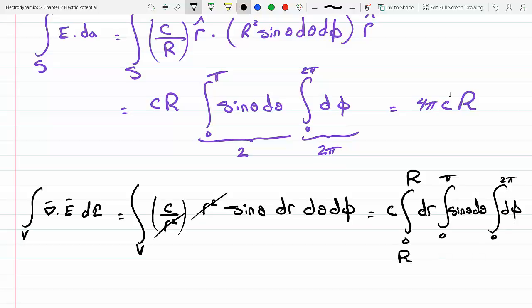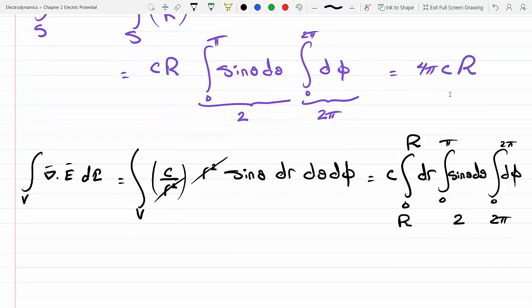So this here will get me an R, this here will be 2, and this here will be 2 pi. So clearly I get 4, and there's a C here, so 4 pi CR.